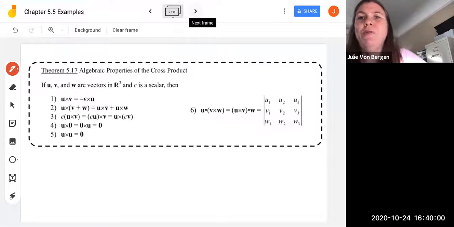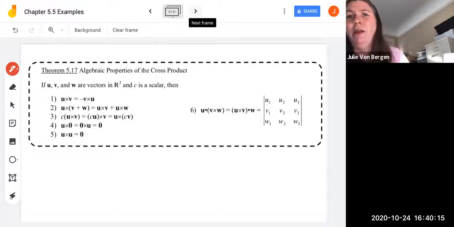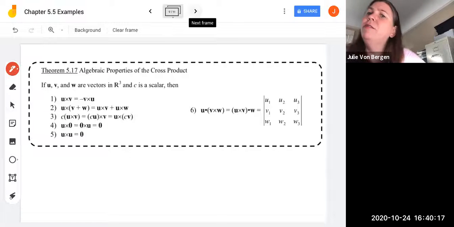And so here are some of the algebraic properties of the cross product. The first one is that u cross v equals negative v cross u. And then the second property is that u cross (v plus w) equals u cross v plus u cross w.